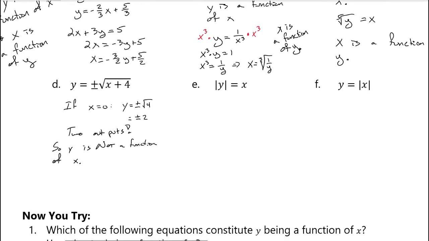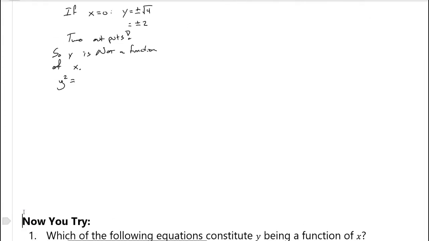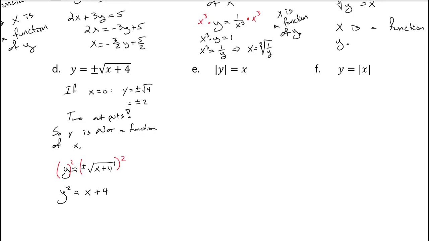And then what if we try and solve for x? If I square both sides, I'd get y squared equals... Let's rewrite it. Y equals plus or minus the square root of x plus 4. So I'll square both sides. When I square a plus or minus, it makes them both positive and it kills off the square root. So we'll have y squared equals x plus 4.